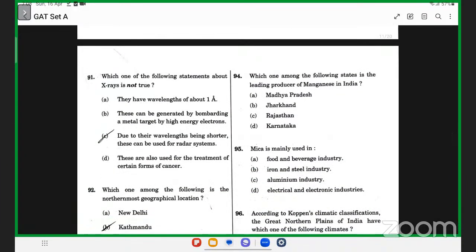Which of the following statements about X-rays is not true? Shorter wavelength.